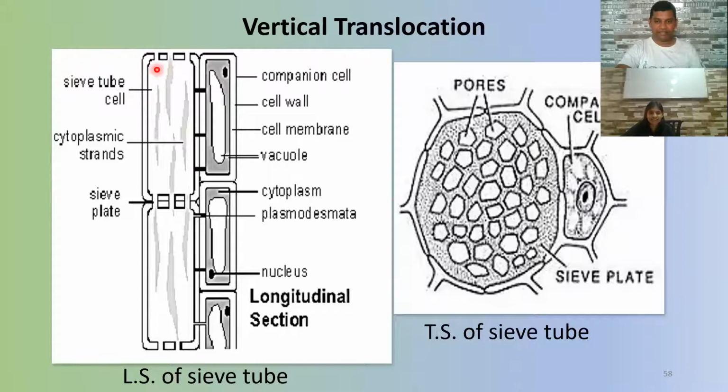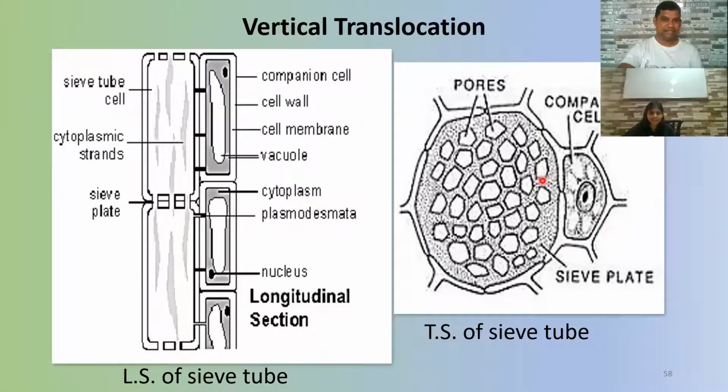And ये sieve का जो adjacent ends है between two successive sieve tubes, you can see the sieve plate over here. Sieve plate. Now observe the sieve tube in a cross section. Here you can see a sieve tube का cell है, and just adjacent you can find a companion cell.